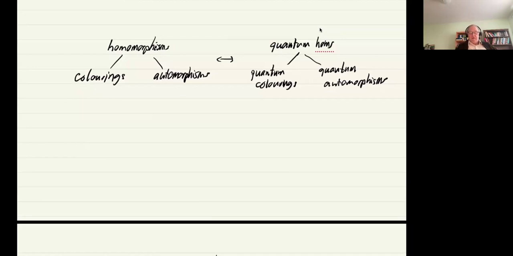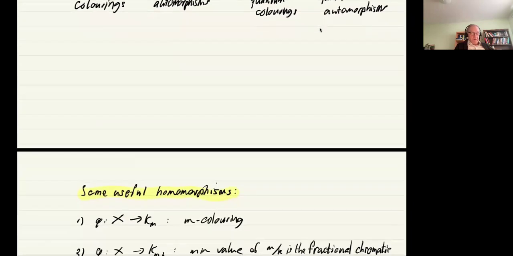There's a strong similarity between the theory for classical homomorphisms and the theory of quantum homomorphisms. The basic strategy is, you first write down the classical thing using matrices, and they'll be 0, 1 matrices. And then to get the quantum version, you replace your zeros and ones by projections. But don't worry too much about it.